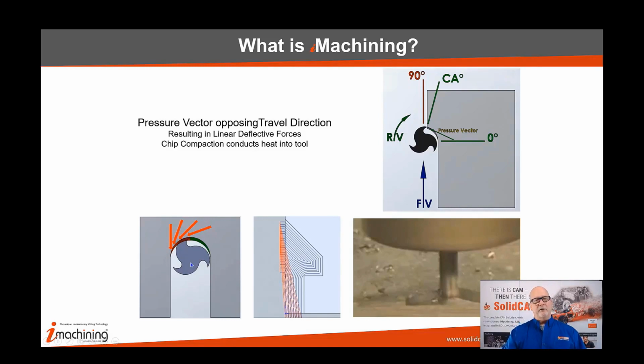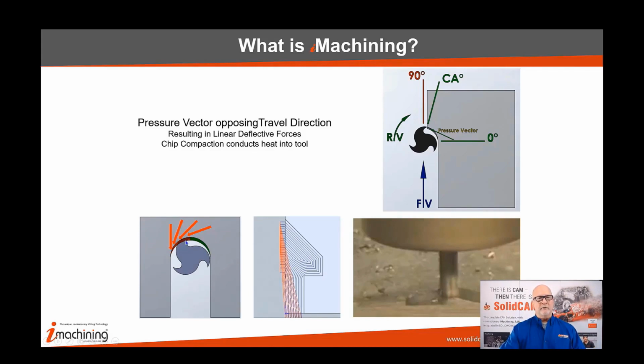So this adds to a linear force or a bending force against that tool. Remember we talked earlier about traditional toolpaths concentrating load all down there at the end of the tool. This is one of the contributing factors to that.